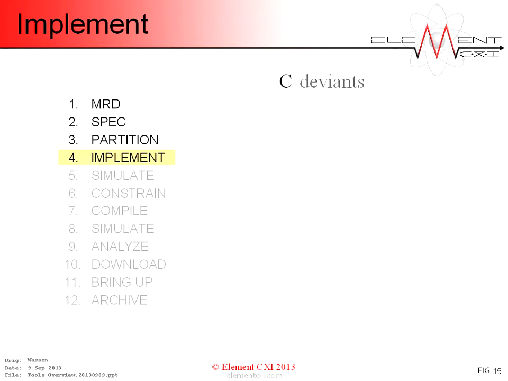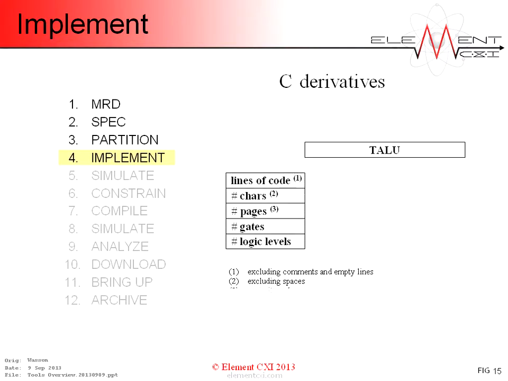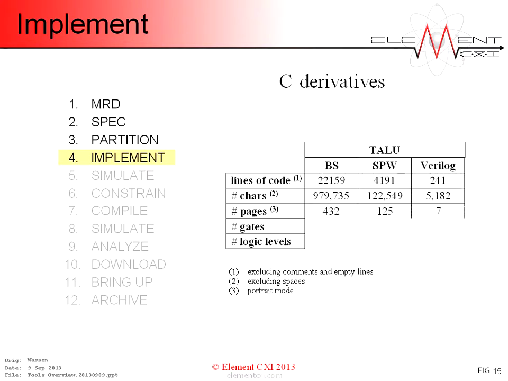The C derivative code generators that have not outright perished have not compared well to traditional HDL entry. For example, for one of CXI's simpler elements, the triple ALU, a comparison of the amount of code, gates, and logic levels generated by Handle C-based BlueSpec and by Coware's SPW against handwritten Verilog shows the code generators create 1 to 2 orders of magnitude more code, 3 times as many gates, and 10 to 30% more logic levels.